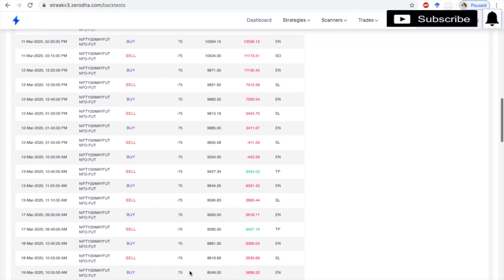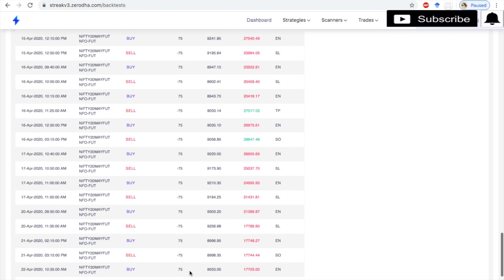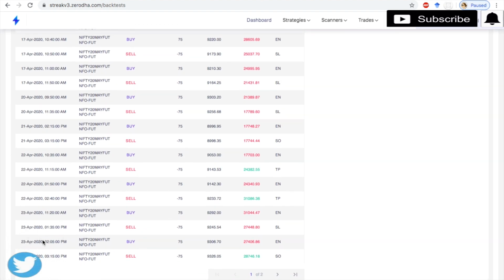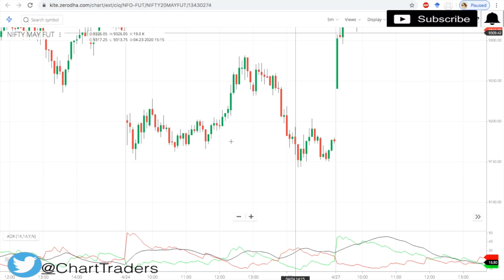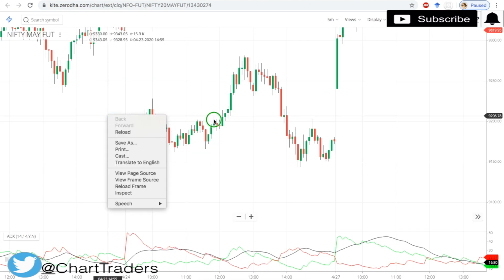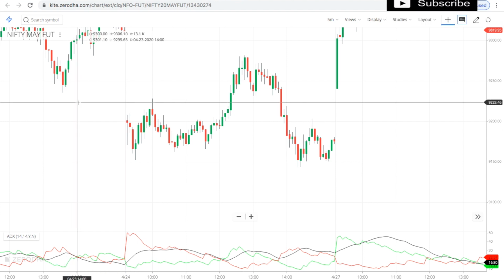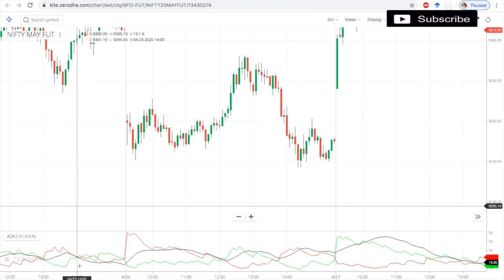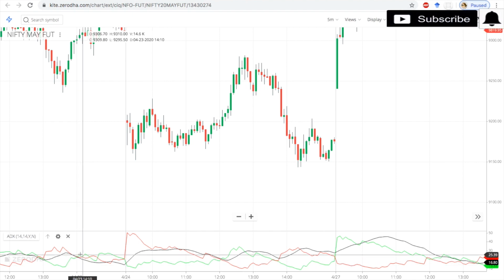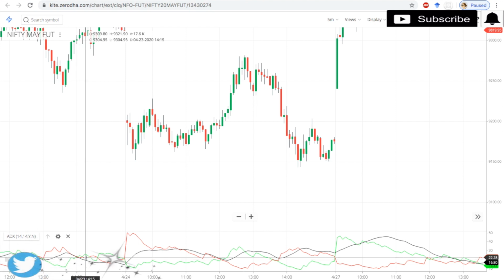I just want to check on a daily chart. See, on 23rd April around 2:05 it is going to buy, so around 2 o'clock on 23rd April. Around here it is going to buy. What's the problem here? It is a small overlap, so you can avoid this overlap by adding a different indicator.